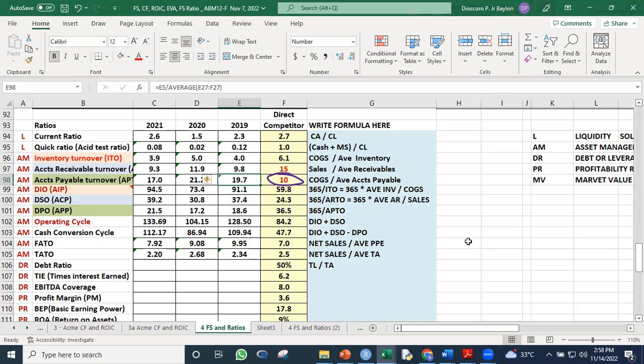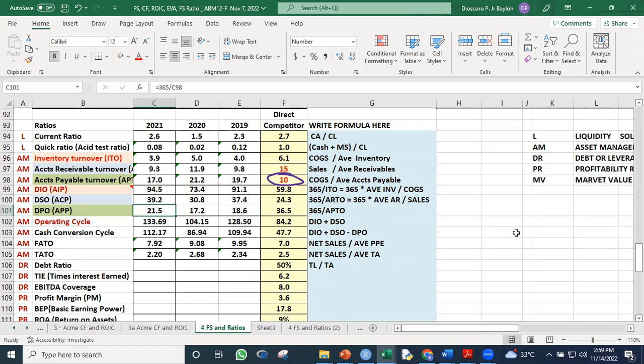So if it's lower, it means that we were given more time to pay our payables. And that can be seen in our days payable outstanding. Here, the average for the competitor is around 36 days, while on our part, it takes us only 21 days. We're required on the average to pay our accounts in 20 days.